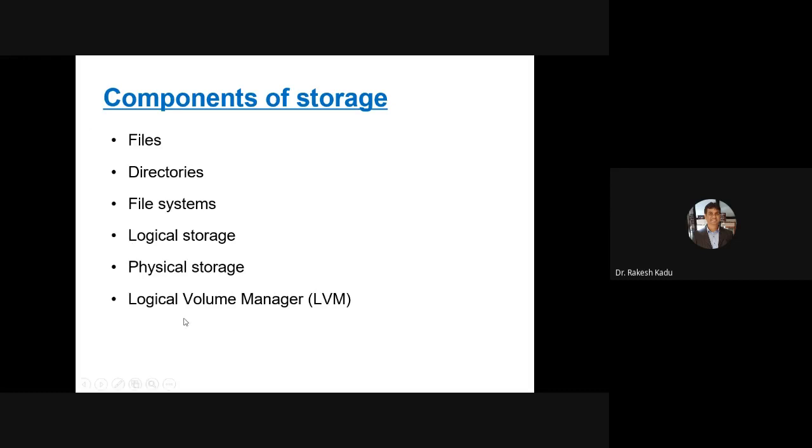And then we have the logical volume manager, called the LVM concept. LVM is nothing but a set of commands available for dynamic storage management in the Linux operating system. Okay, so LVM we will see in the next second part of this class.